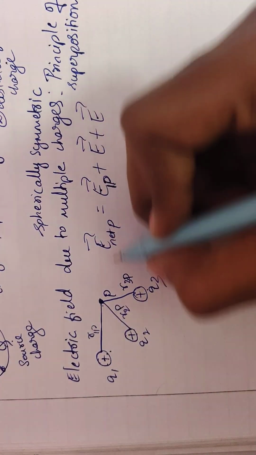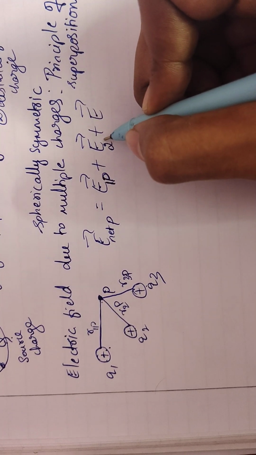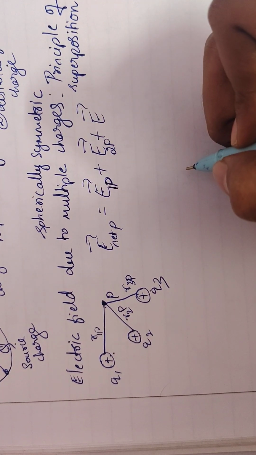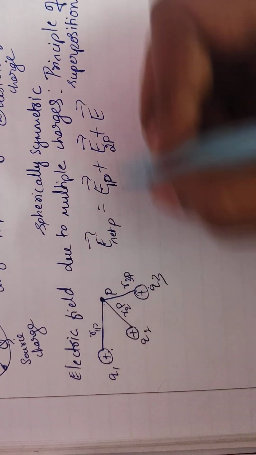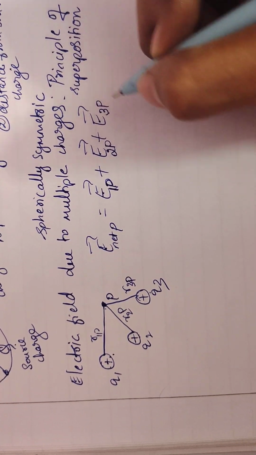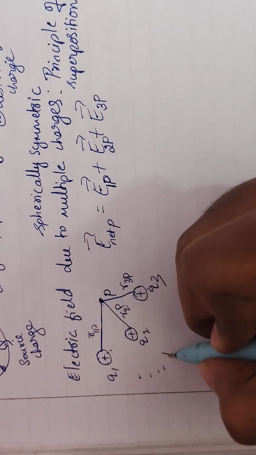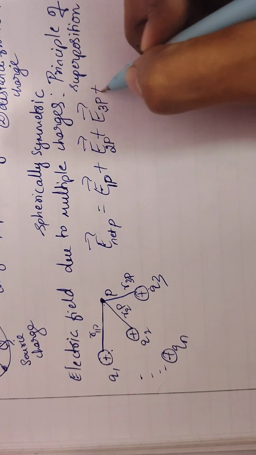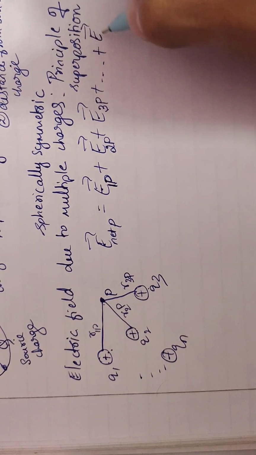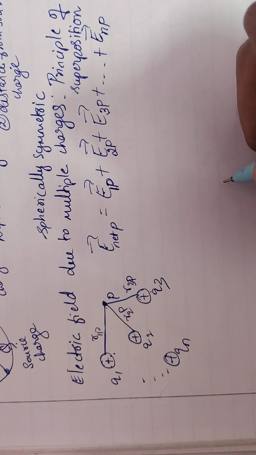You can write it as electric field due to charge Q2 at point P. Similarly, for this one, ignore these two, and you will get electric field due to charge Q3 at point P. Now this is for a three charge system. What happens if you extend it to an n charge system? Here also you will get the electric field due to charge Qn at point P.